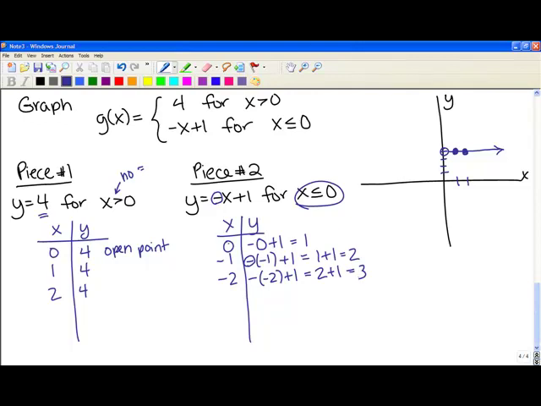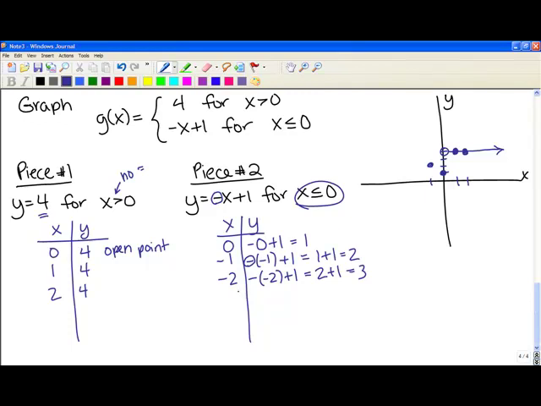So now we have our points. Our first point is 0, 1. So we'll go over 0, up 1. Our next point is negative 1 here, and then 2. Go over negative 1 and up 2, so right about here.